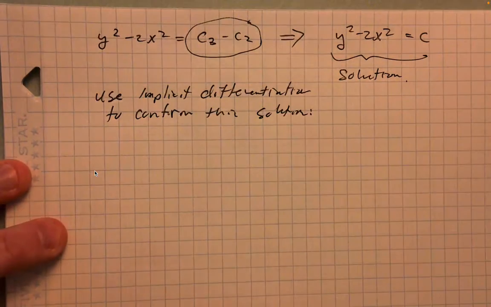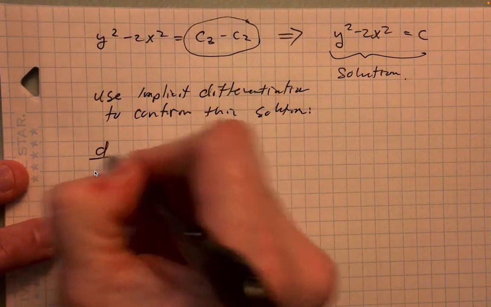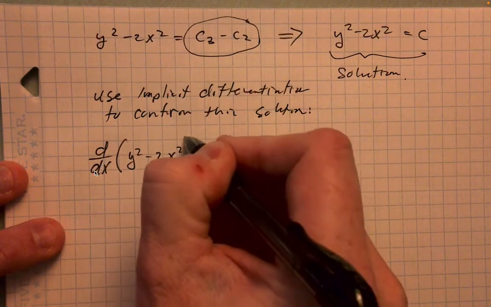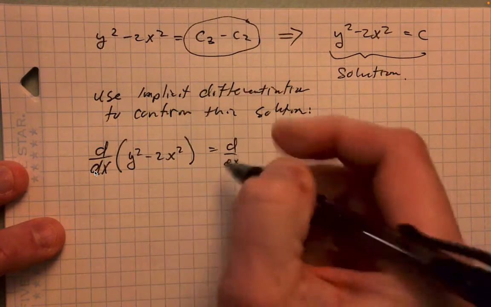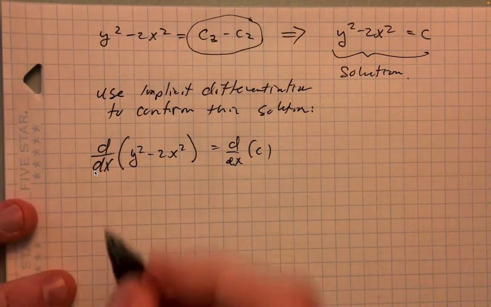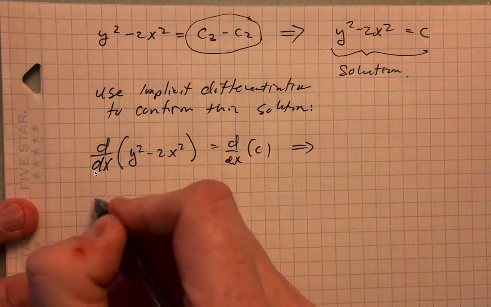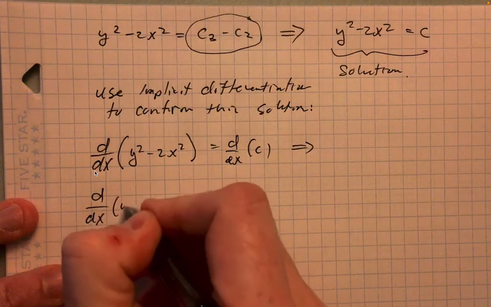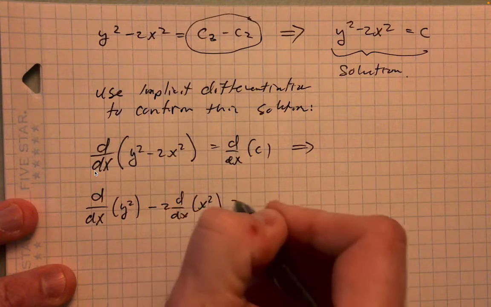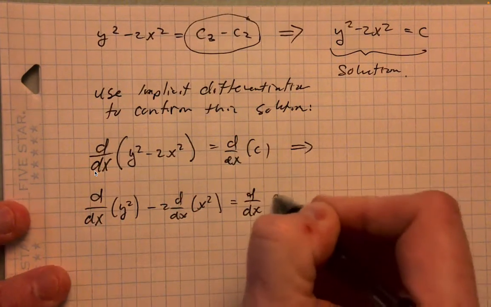Okay, so if we do that, we would say d/dx of y squared minus 2x squared equals d/dx of the constant. Okay, and so technically we would want to differentiate each piece here, right, like so.